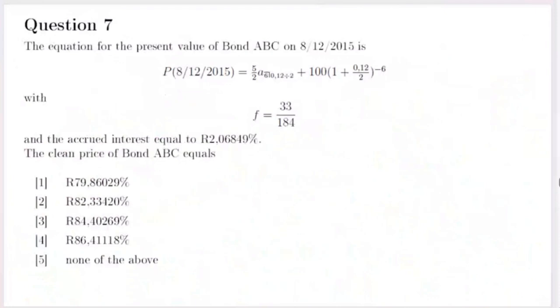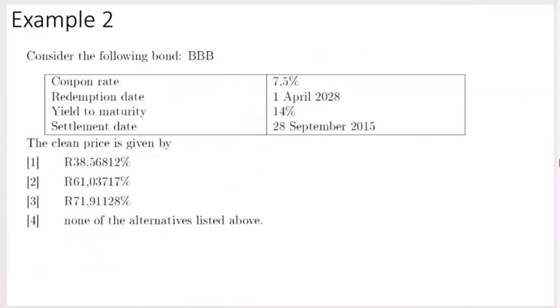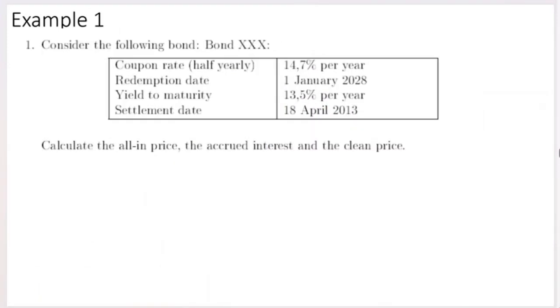So then at least I'll do this one. Still the same thing. I'll do at least 2 questions and show you 2 different scenarios. So you are told that the coupon rate is half yearly. Once you've got a coupon rate, you're going to have your D there.